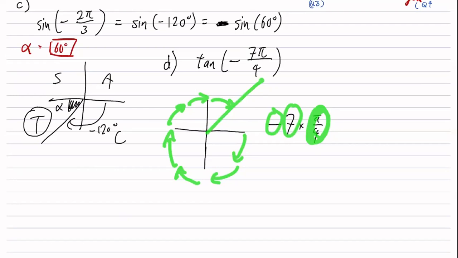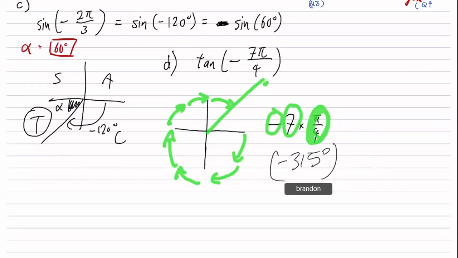Okay. Does it make sense? Turn clockwise, 45 degrees each time, 7 times. So 270 plus 45. Yes, correct. But you have to be a bit careful because it's negative. So 270 plus 45, but with a negative.